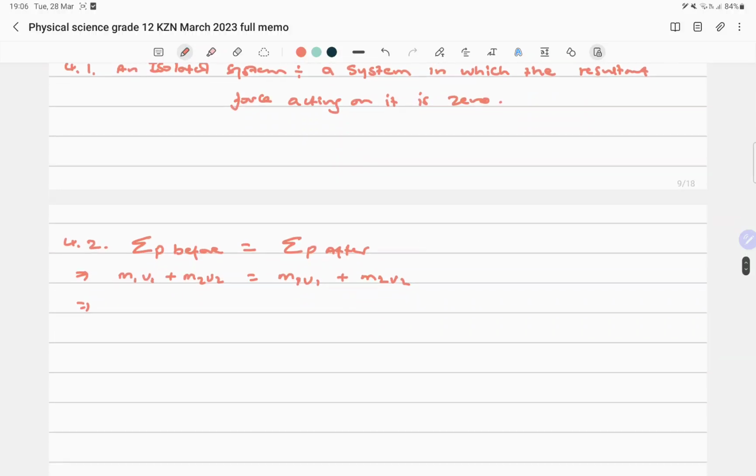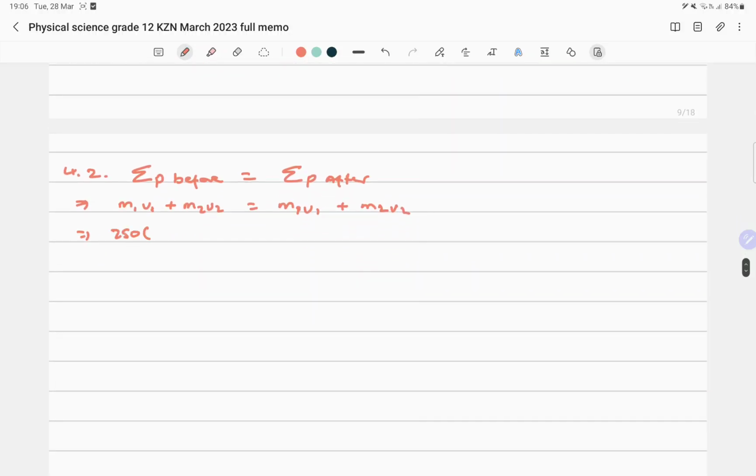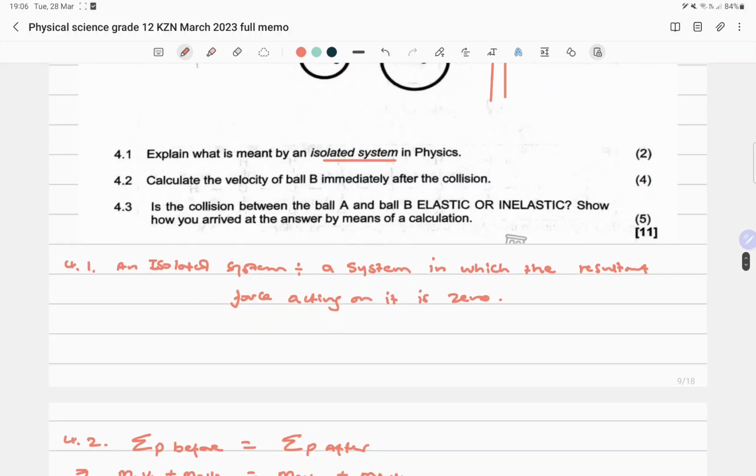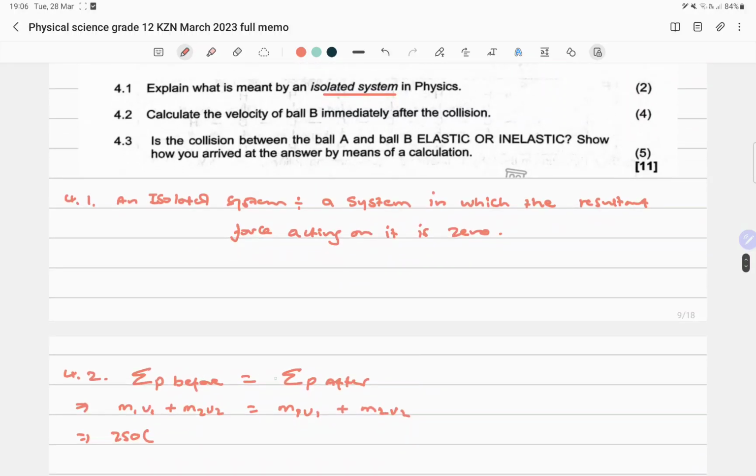Anyway, so ball A is 250 times, and by the way, choose a direction. State somewhere that to the right is positive. You have to say it, even if you're saying it here: direction to the right positive, and then you do your calculations.